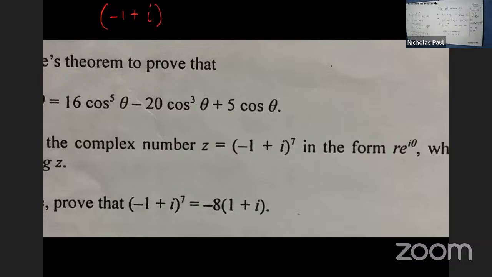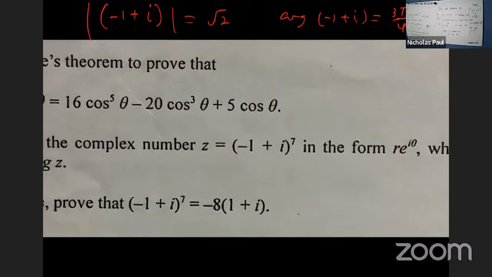Right, what's the modulus of this? Root 2, right? And what's the argument of -1 + i? That's second quadrant again, right? Nice. So that's it. You done? Yes.